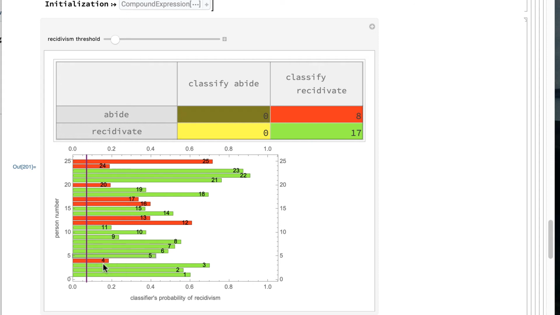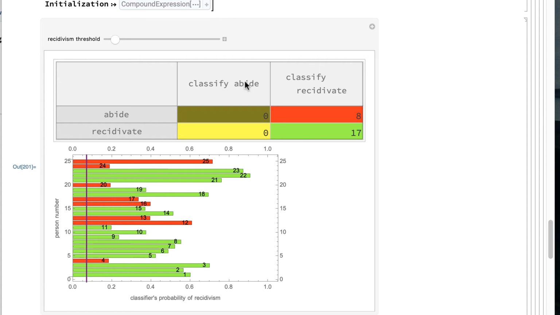Everyone's got some chance of recidivating, and so everyone's colored red or green, and now I have a fairly significant number of type 1 errors where I say that they're going to recidivate, but in fact they would abide, and so I'm ending up locking up people in prison when there's really no good reason to do so.